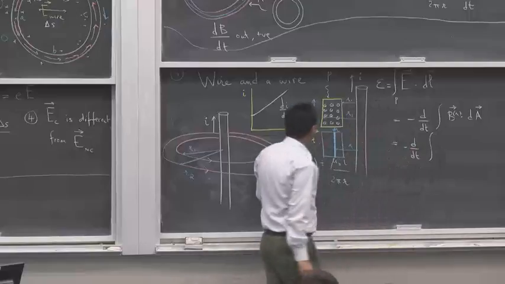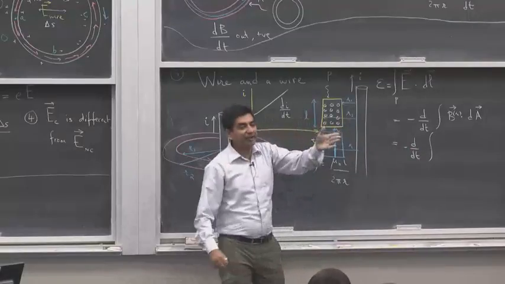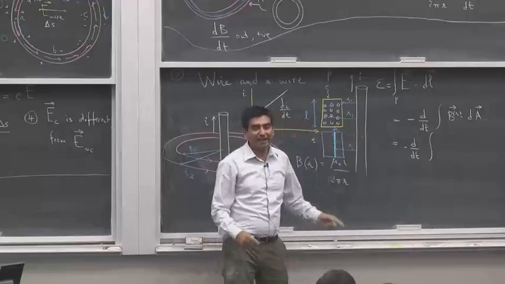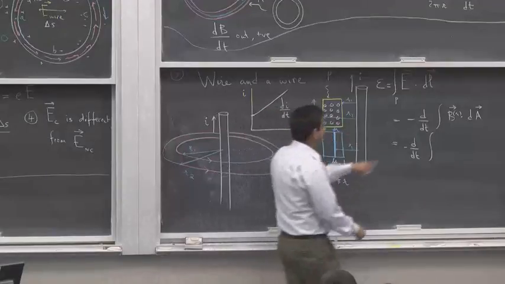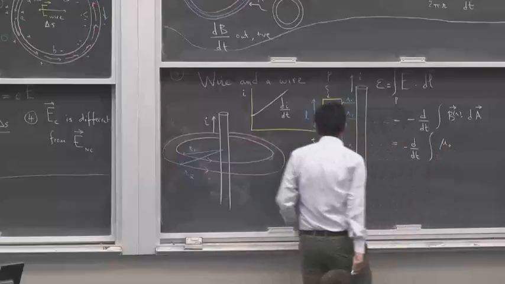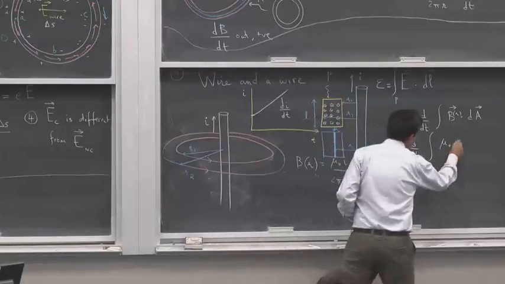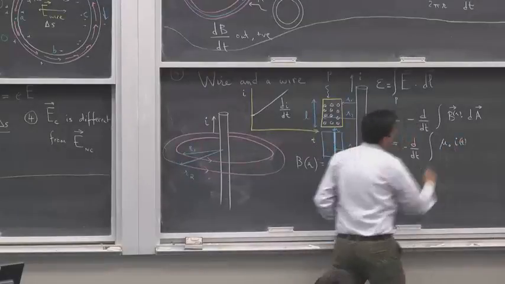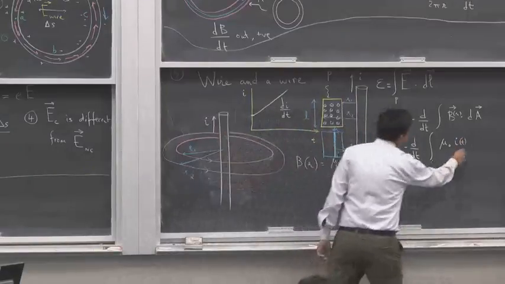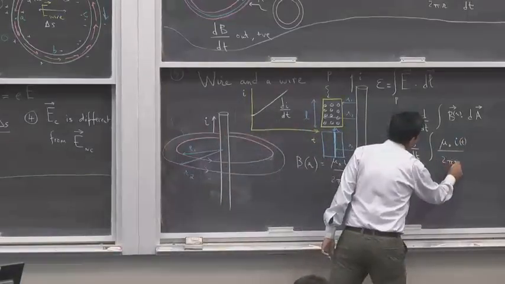Now the area vector is pointing out, every local area vector is pointing out and the field is pointing out. So the angles are 0. So this will equal minus d/dt of mu naught I, which is a function of time, by the way, over 2 pi r.